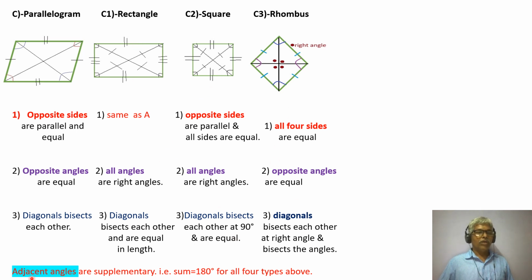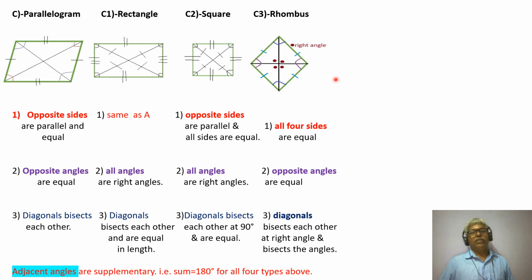Now one more property is left. Adjacent angles are supplementary, that is, the sum of adjacent angles is 180 for all four types. If you add these two, the addition is 180. If you add any two adjacent angles, it is 180.